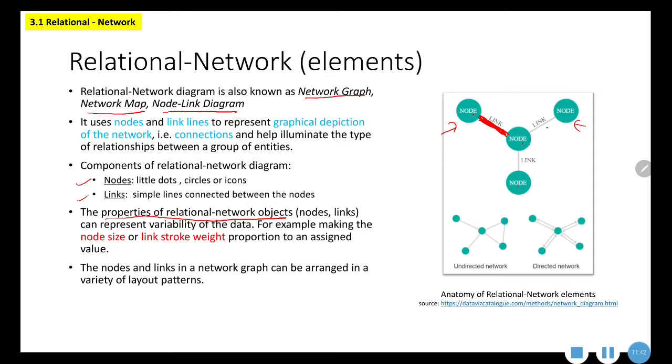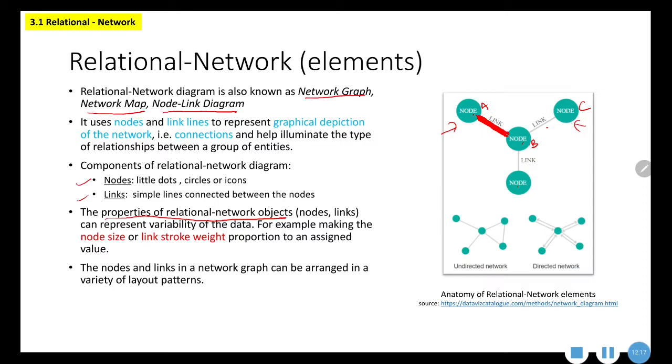Let's say this is node A and B and C, so the link between A and B is stronger than the link between B and C because of the large weight of the line. Bigger weight of the line means that the connection is stronger than from B to C.